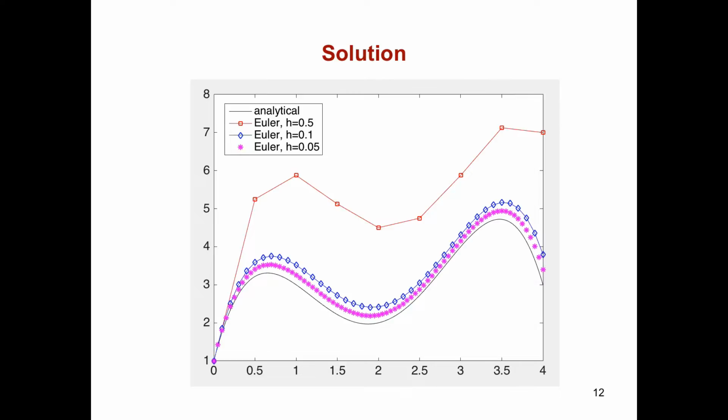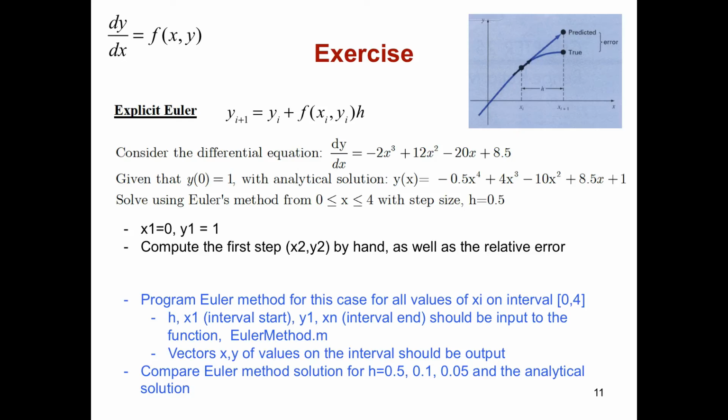So this is y at x_{i+1}, which is y at xi plus h, equal to y at xi plus dy/dx at xi, yi, times h. So this is the first two terms in Taylor's series with everything else chopped off.